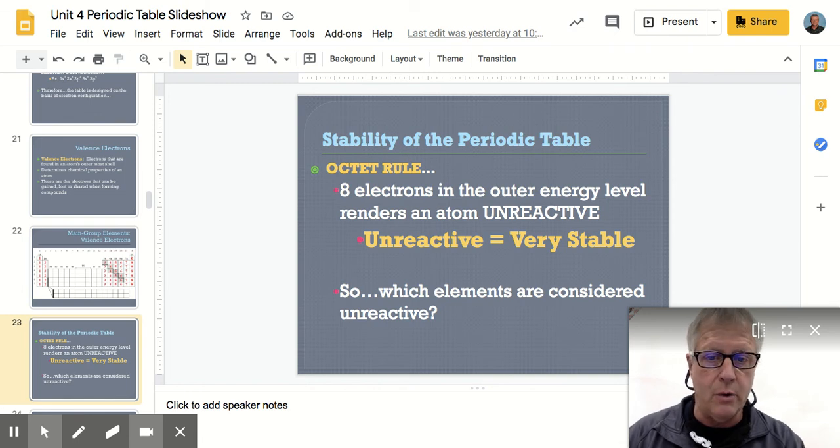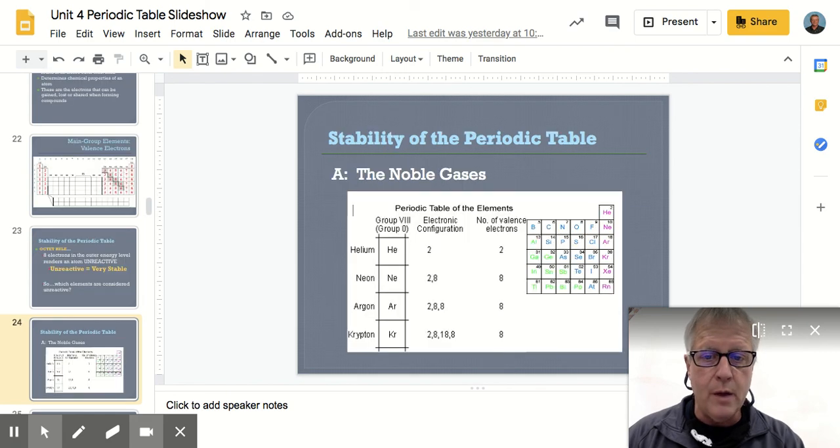So that's called the octet rule. Octet meaning 8. If there are electrons that fill up the s and the p and have reached 8 electrons, then they become very stable. Otherwise, if they're not there yet, then they're unstable, or they'll want to react with other elements.